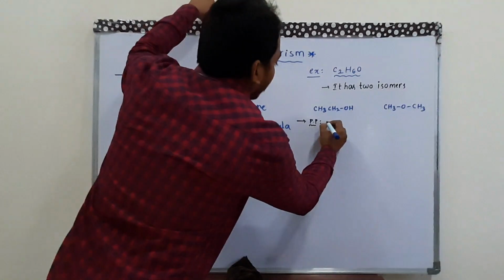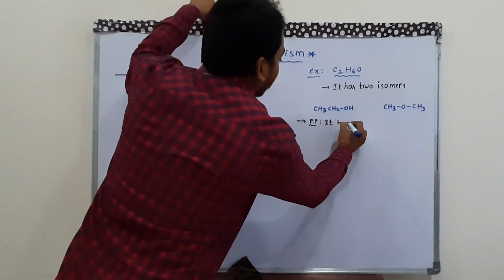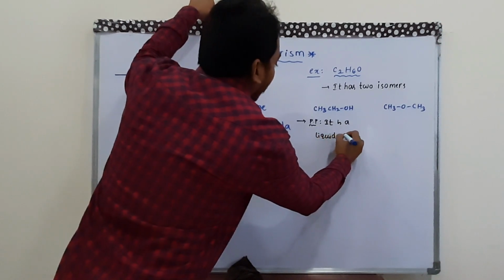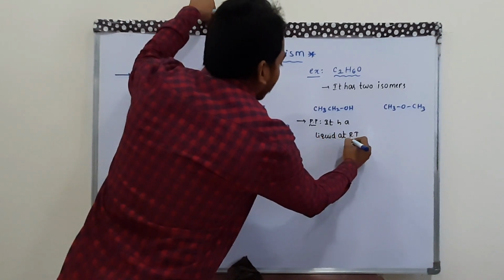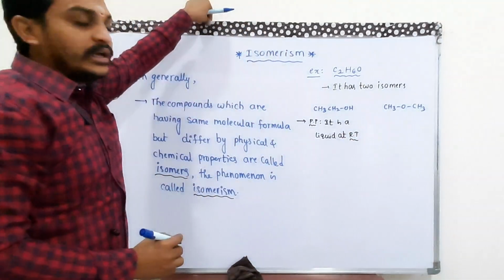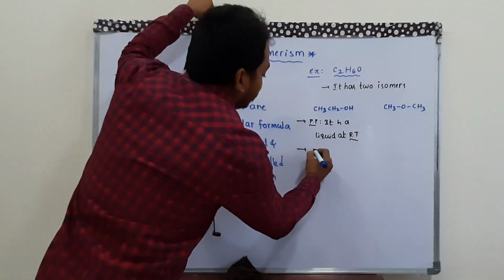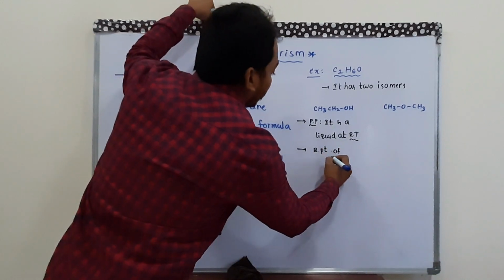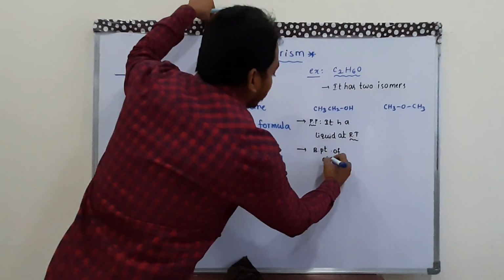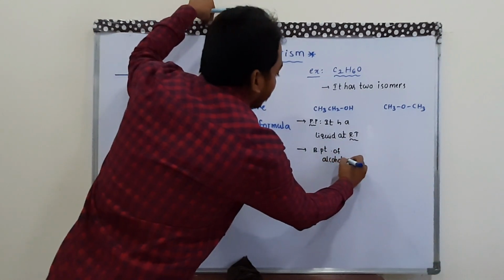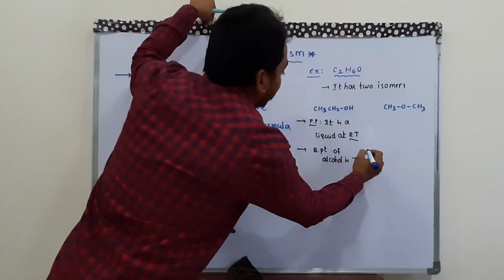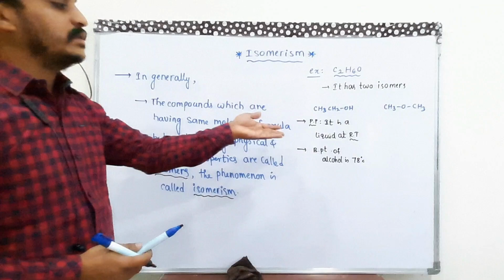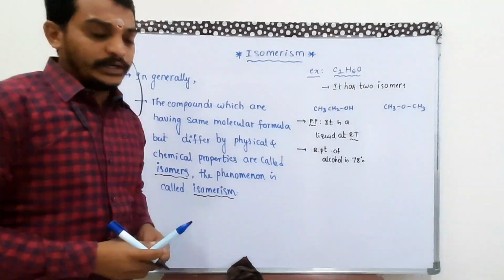It is a liquid at room temperature. The boiling point of this alcohol is 78 degrees centigrade. At that temperature only this alcohol boils.